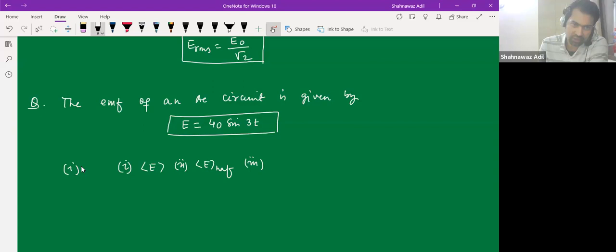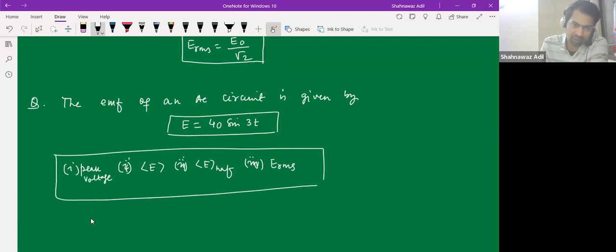what is the peak voltage, and average in half cycle, and the last one is ERMS. So all these are things we can calculate. So peak voltage is how much? How much is the peak voltage here?